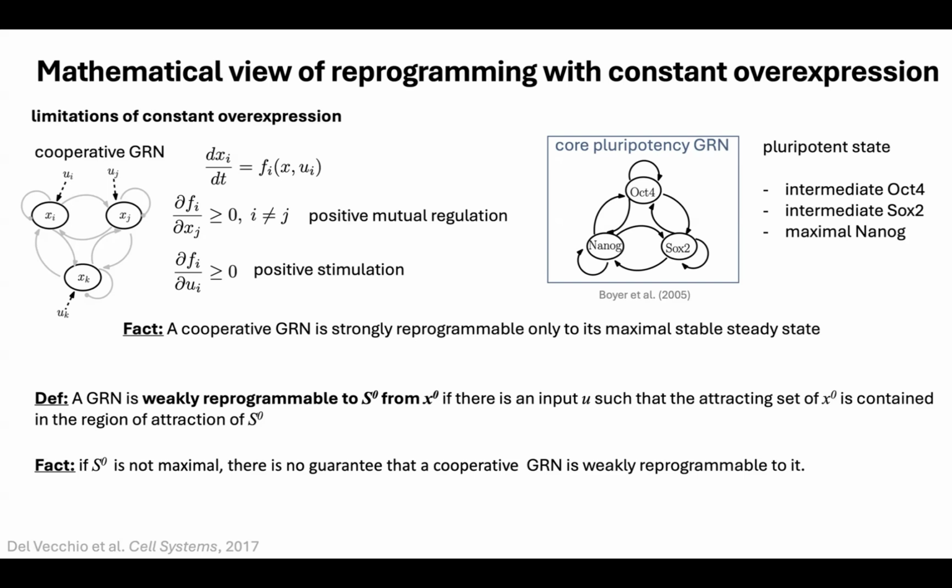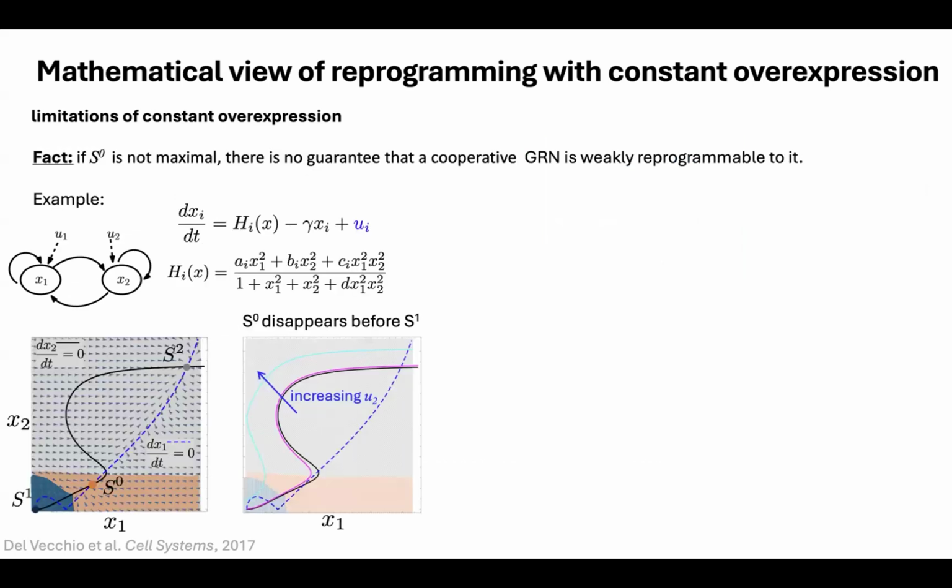So all this reasoning is just to say that for the core pluripotency GRN, constant overexpression is not necessarily able to lead you to your pluripotent state. So you need better control than constant inputs.